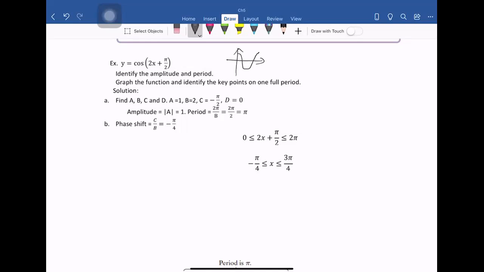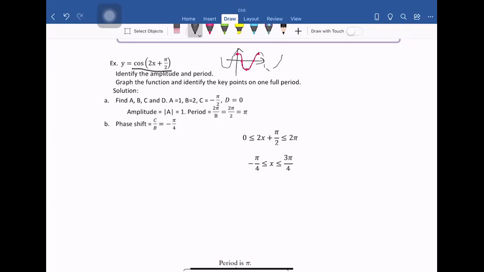For one full cycle, it looks like this. This is the starting point, that's the maximum, and these are the 5 points we need to find. We need to identify the amplitude and the period.